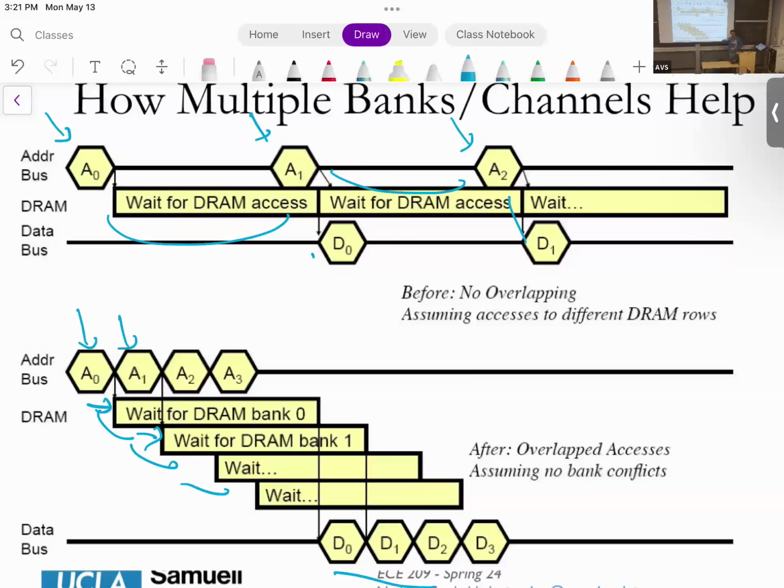I'm going to get the stream of data much faster after just the initial time. The banks can just give me the data as soon as they're ready. So essentially, the bottleneck just becomes the channel itself. It no longer needs to wait within the internals of the DRAM to get the data. Data is always ready at the chip level. I just need to push it out through the channel and send it to the core. Okay, so this is the beauty of having multiple banks.